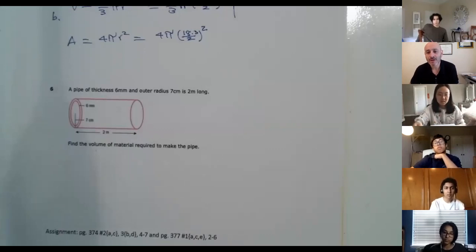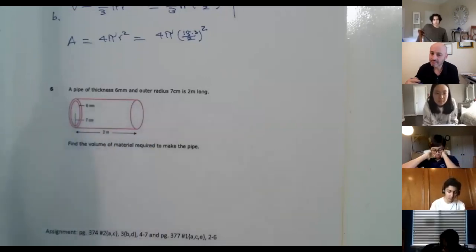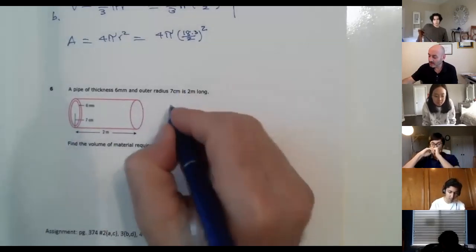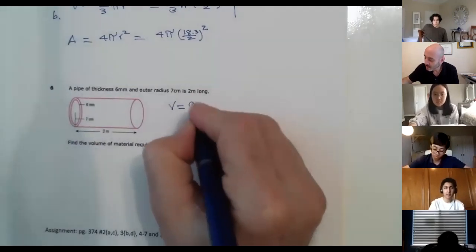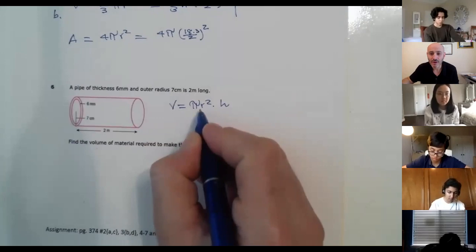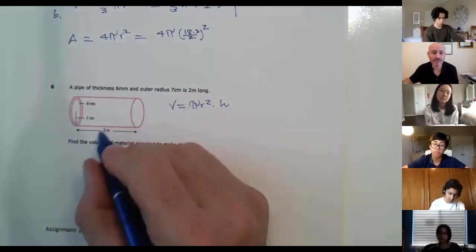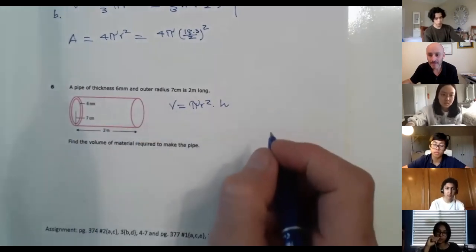Find the volume of the big cylinder, subtract the volume of the small one. What is the volume formula for the cylinder? Pi r squared h, right? The base is a circle, so that's why the area is pi r squared, and the height in this case is gonna be the 2 meters, right?